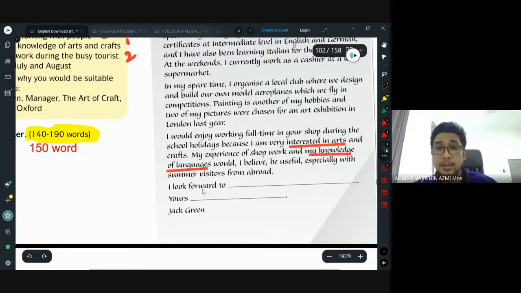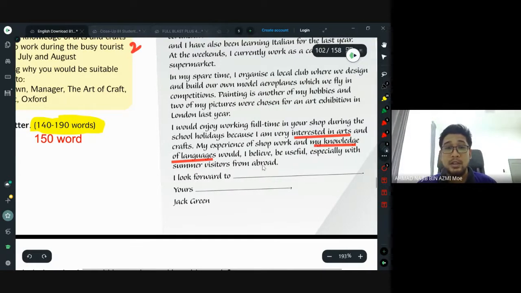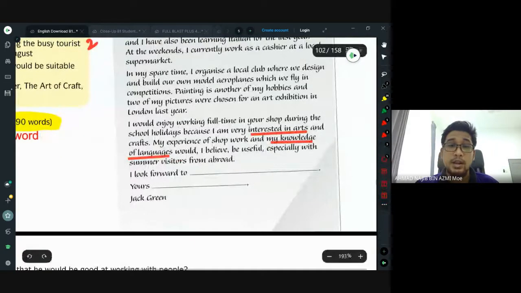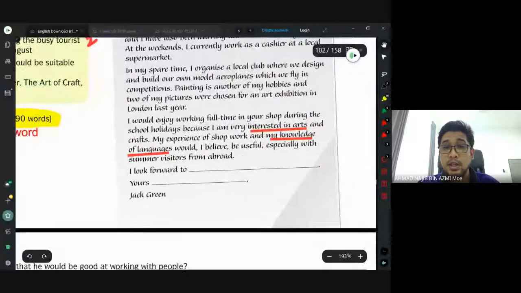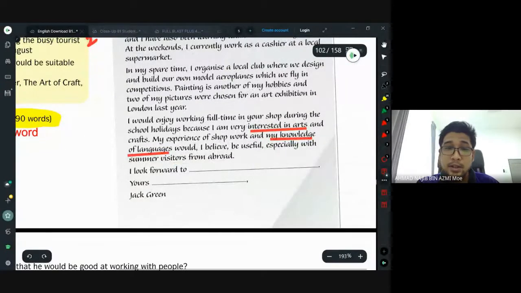Last paragraph kita beritahu sebab apa kita layak, kita sesuai, qualify for this job. Okay, and finally, I look forward to, okay, how do we end a formal letter? I look forward to, this is important ya, part ni. I look forward to ni mesti kamu, bukanlah mesti nak kata, tapi cara yang paling senang lah untuk kita habiskan karangan rasmi.